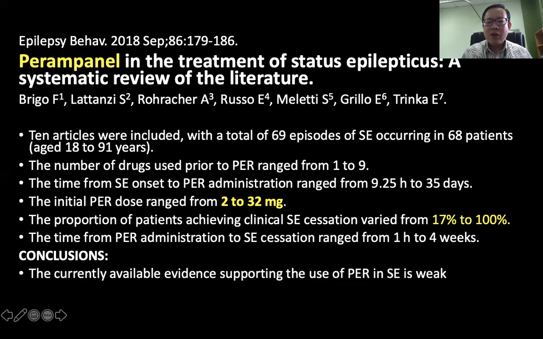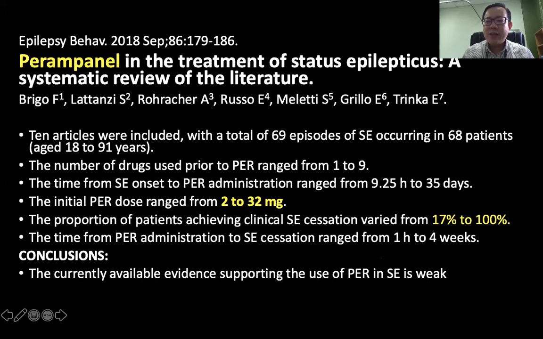And we can see that although this is a small cohort, the response rate goes from 17 to 100%, partly because these are mainly case reports or case series. We still need a good randomized trial to determine the efficacy of oral perampanel in status epilepticus.